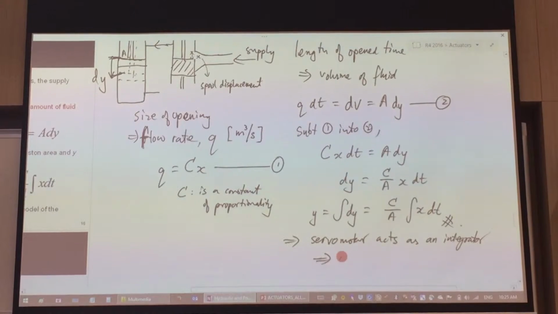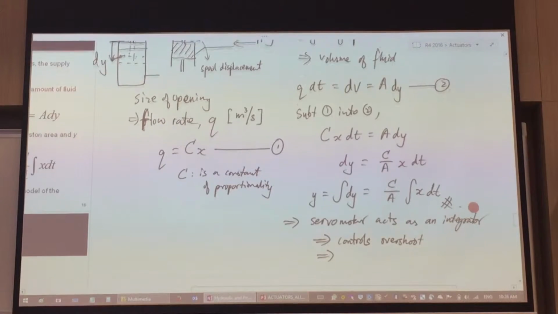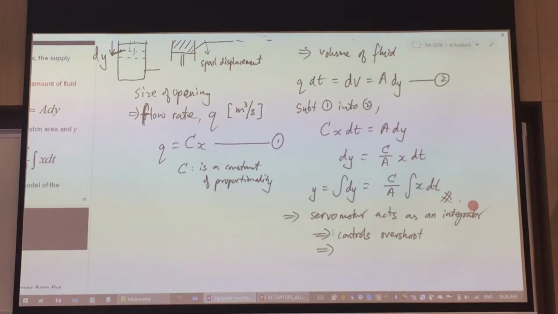You would have this thing that you can use to control overshoot. So the overshoot response of your cylinder, how much you will have overshoot, and the pure integrator, what happens to your error? Remember?